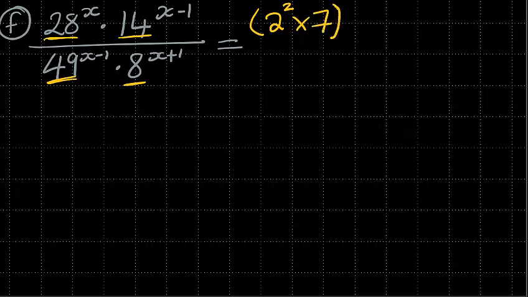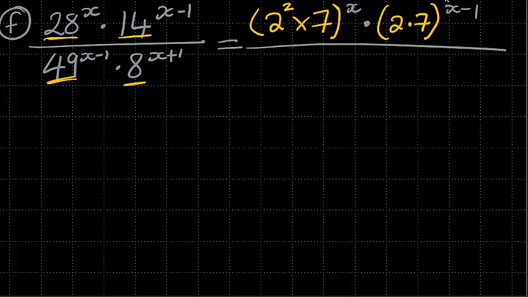So 28 factorizes as 2 squared times 7, and I keep my exponent x, multiplied by the factors of 14, which is 2 times 7, and I keep my exponent x minus 1, over the factors of 49, which is 7 squared, and I keep my exponent x minus 1, and the factors of 8 is 2 cubed, and I keep my exponent x plus 1.